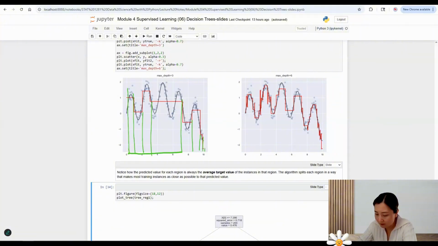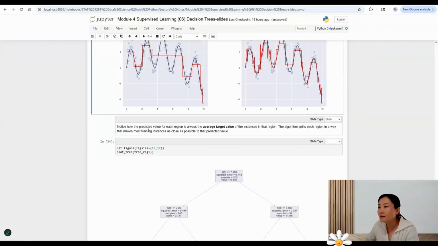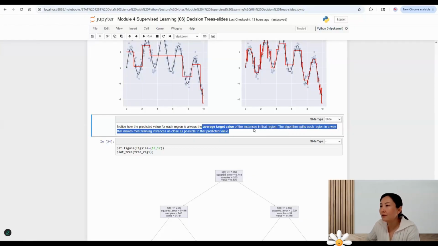Some of the regions are very small, so these are corresponding to the right 4 leaves, right? And also from this plot, you see that the predicted value for each region is the average target value of the instances in that region.